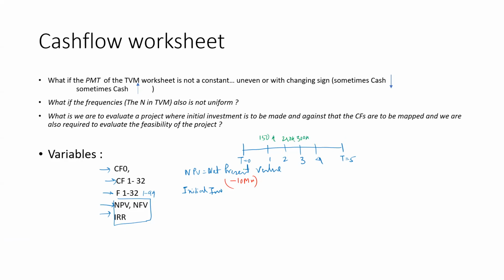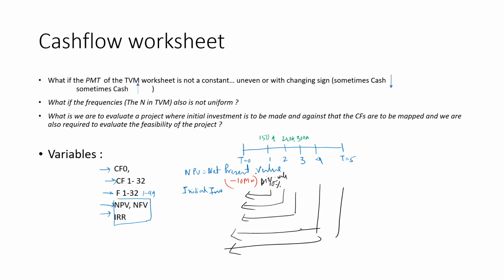And then we have the discount rate associated with it. Let's say the discount rate is 10%. We use that discount rate to discount each of these cash flows to the present value. Present value would mean discounting them back to time t is equal to 0. Once we have discounted them, we simply add them.